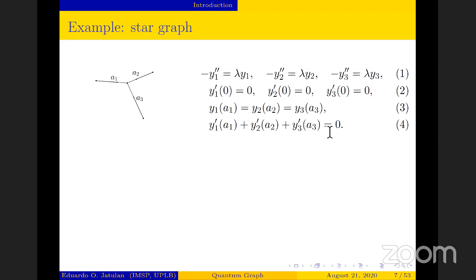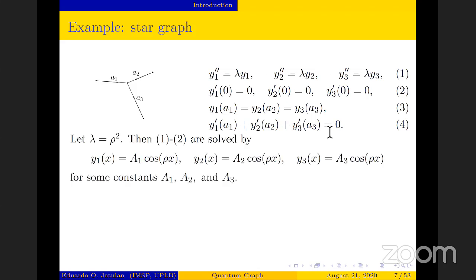So from these conditions, we can actually derive the eigenvalue for this star graph. If we set lambda to be rho squared, then the first two conditions can be solved by the following functions, wherein A1, A2, A3 are some constants.